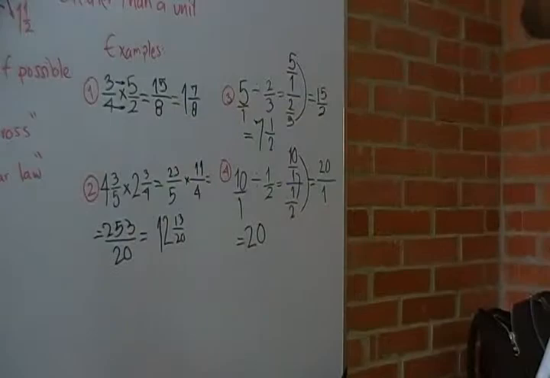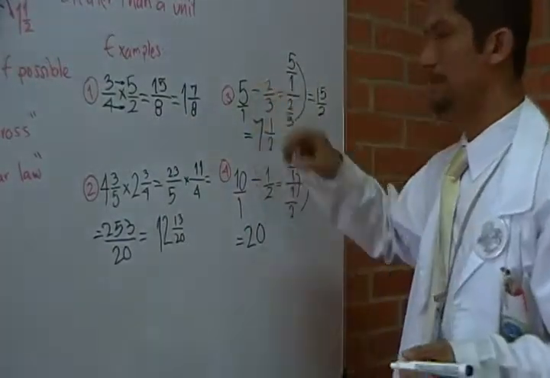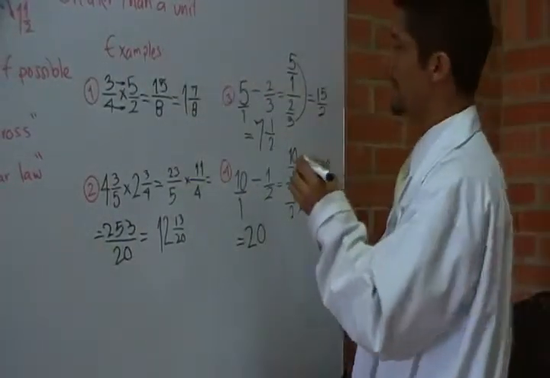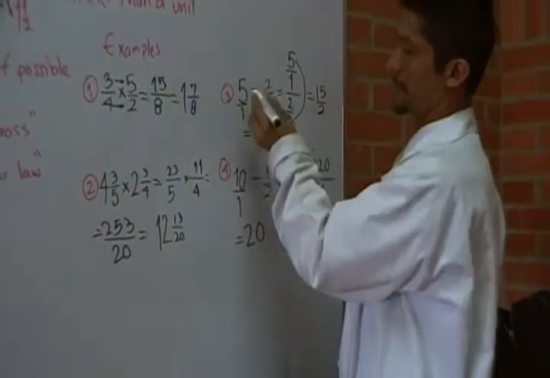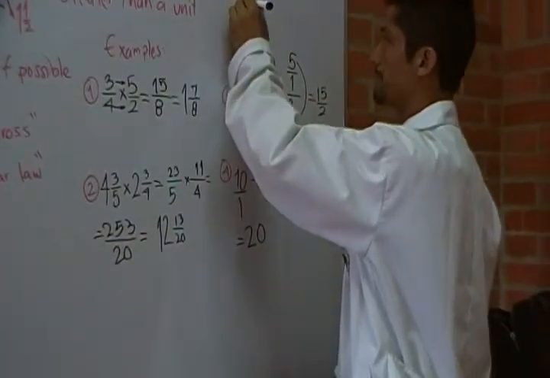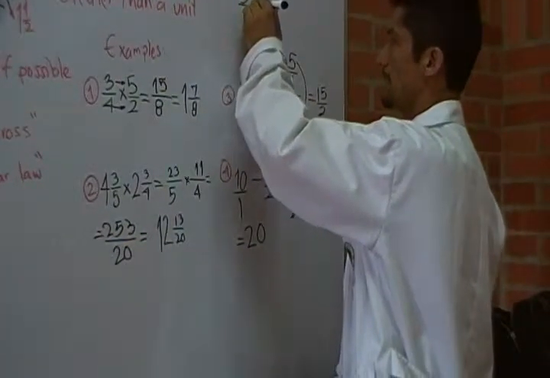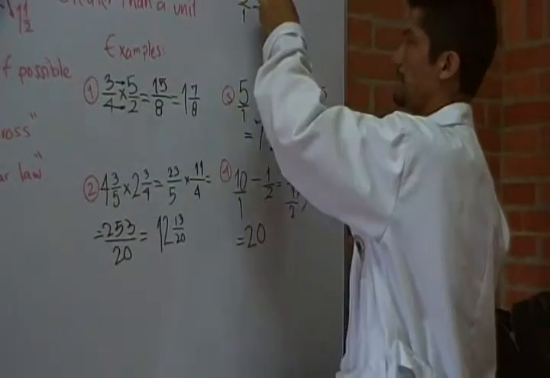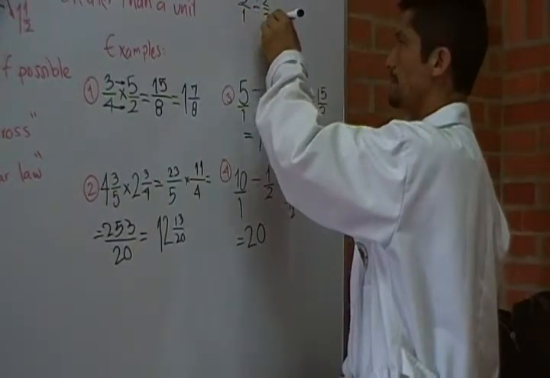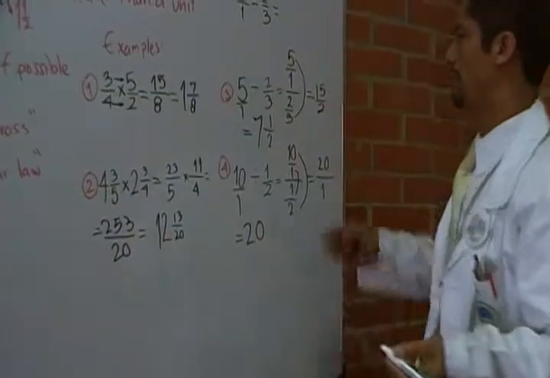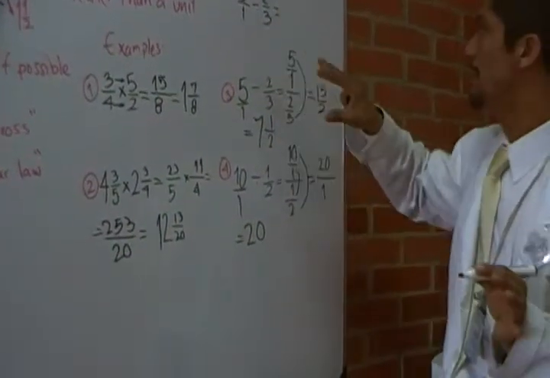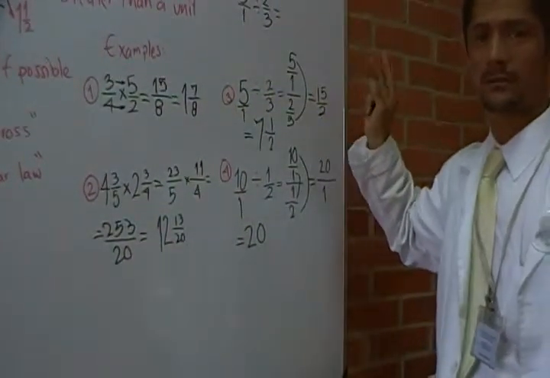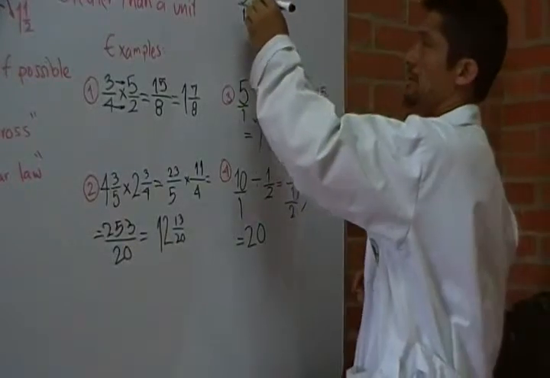Using another method to do division is called the cross. So you can use something like this. For the same example, 5 ones divided by 2/3. Some people use this method, or some people use this one. Which one do you think is the easiest for you? Use that one, as long as that is correctly done.